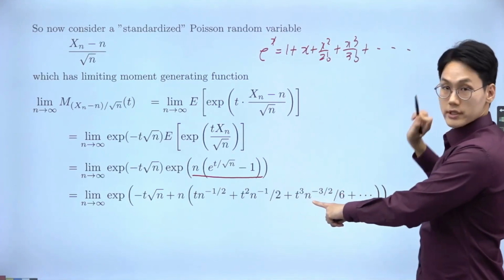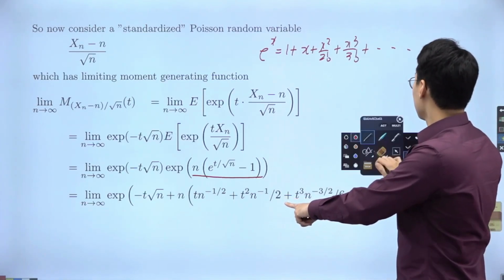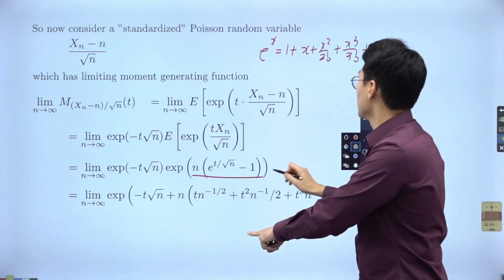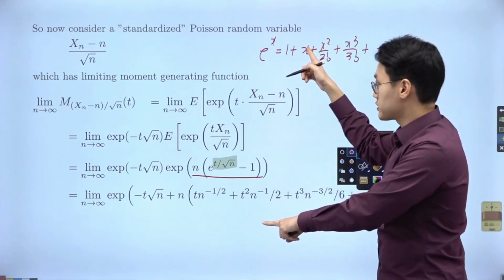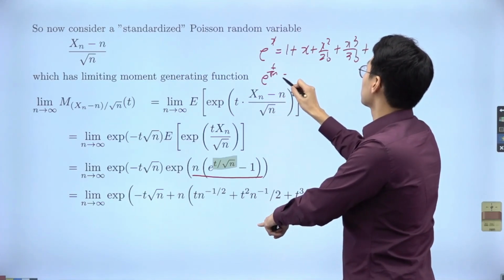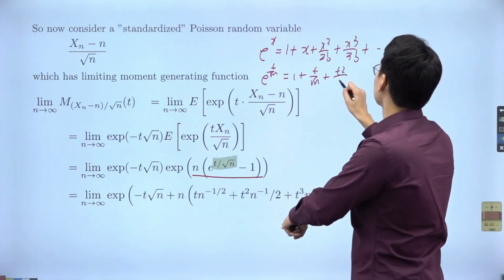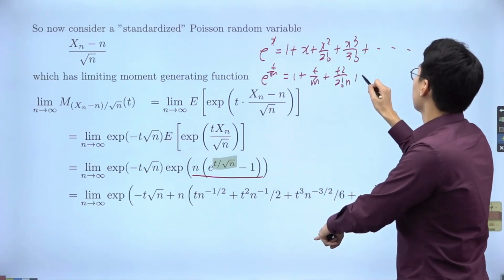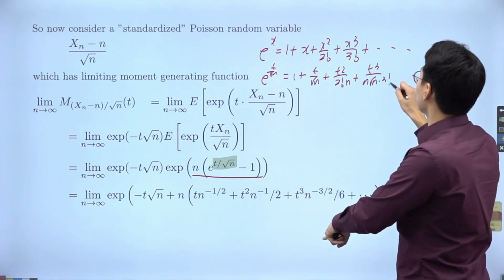Don't you agree? That's the Maclaurin series of the exponential, right? And for that one, now I've got this power here, t over square root of n. So I'm substituting it, you see? It's going to be e to the power of t over square root of n, which is going to be 1 plus t over square root of n, and then t squared over 2 factorial n, and then t cubic over n root n times 3 factorial, on and on and on.